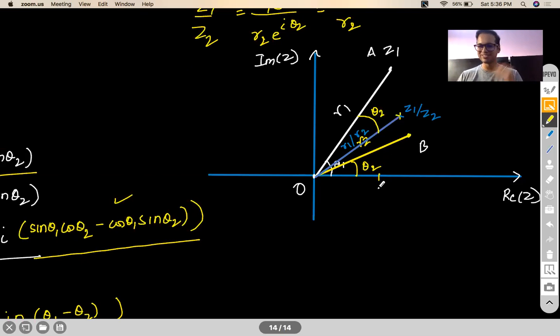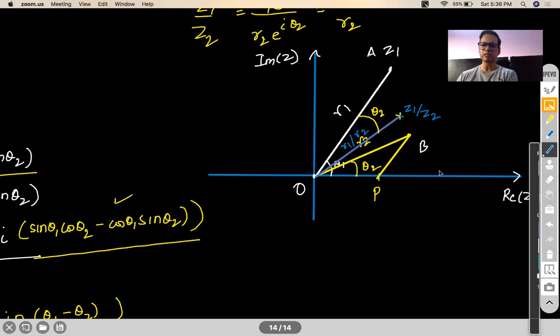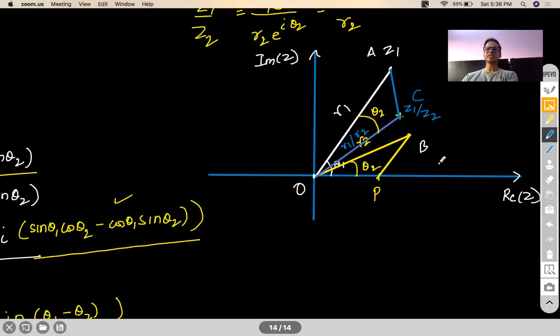Now, somebody figured out, of course, authors and mathematicians, that triangle OBP, and let me call it point C, is similar to triangle OAC.